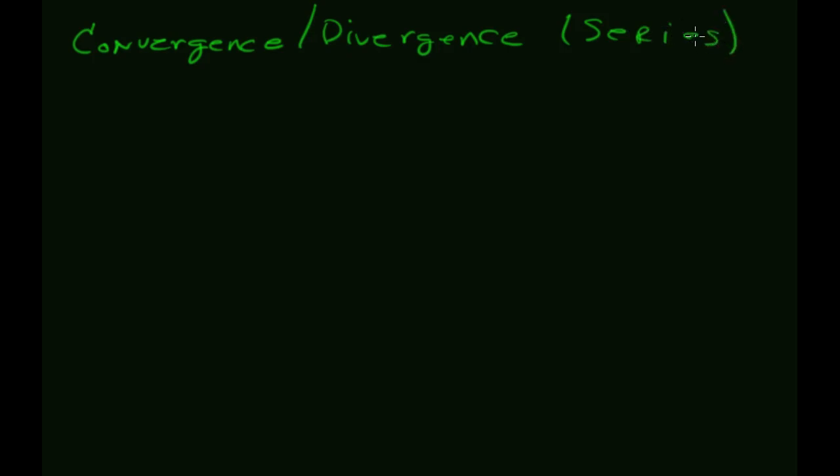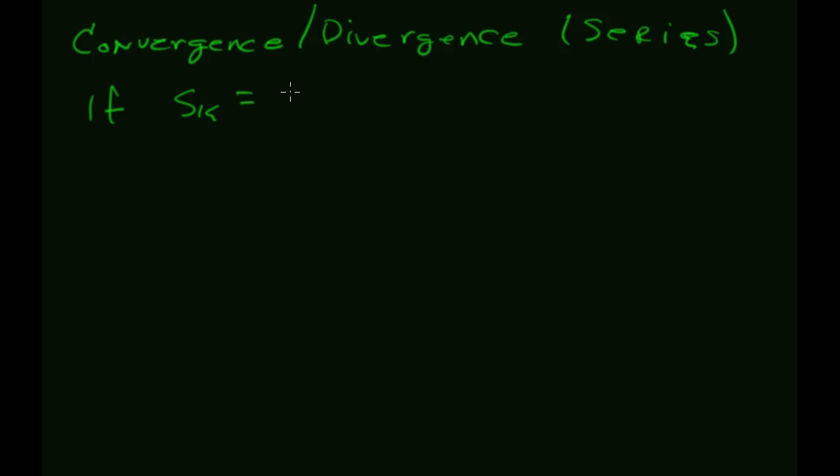So we're going to define convergence and also divergence of a series, as opposed to a sequence. What we're going to do is use the sequence of partial sums.